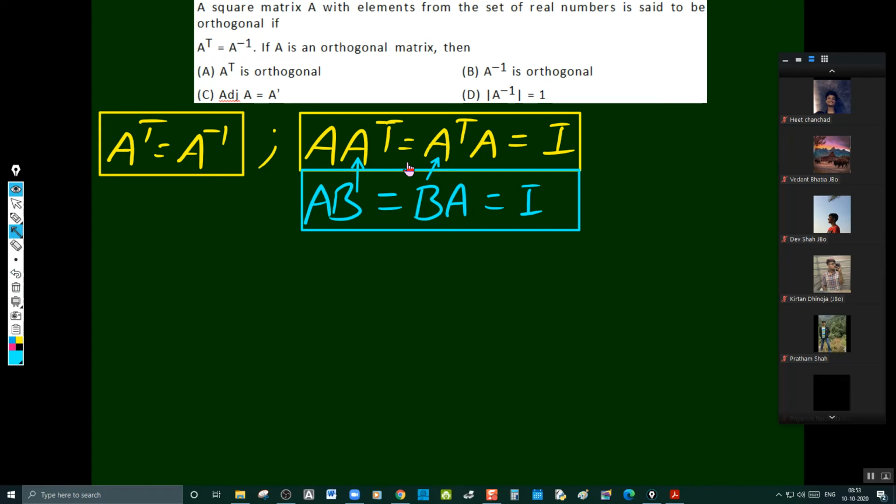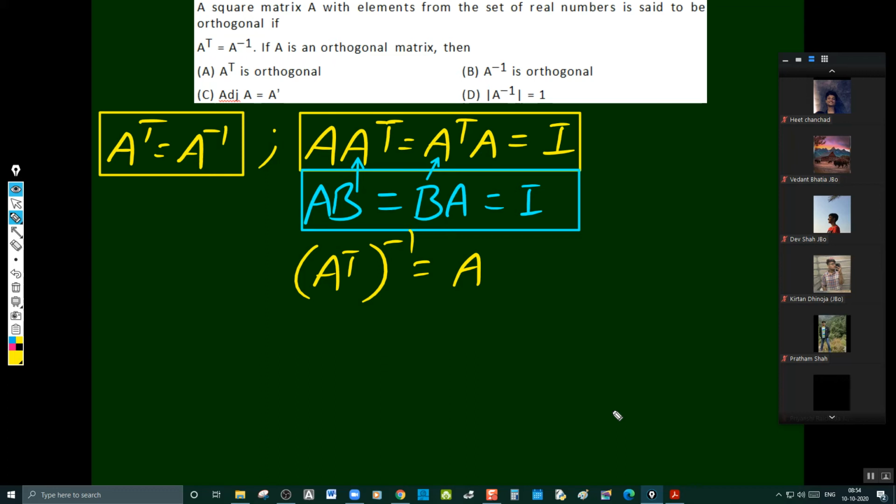From this one, A inverse is equal to A transpose is given, or otherwise you can write in the reverse order also. You can write it as A transpose whole inverse is equal to A. It can be written like this also.